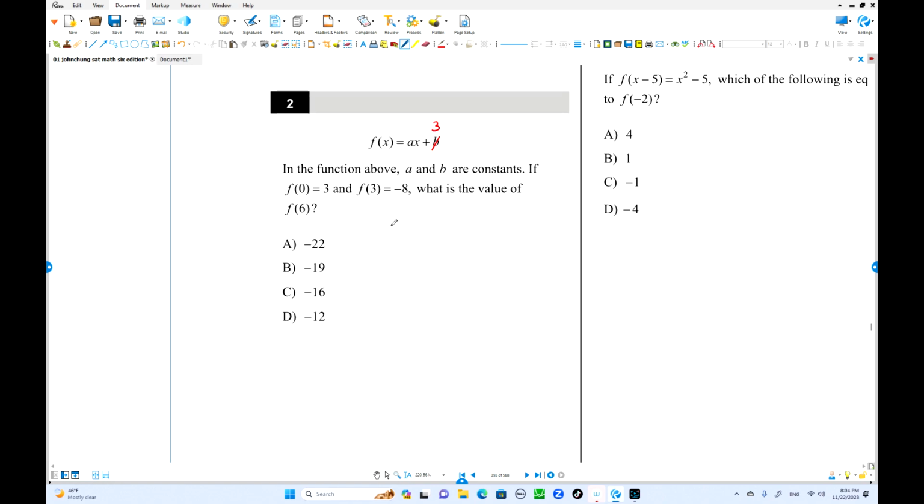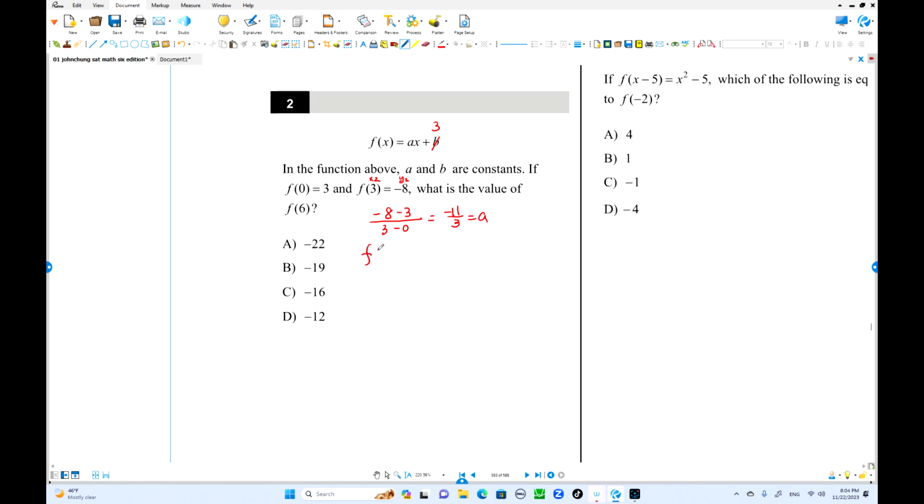Now, how can you find a? a is the slope. Slope is y2 minus y1 over x2 minus x1, okay? I'm going to take this as y2, so negative 8 minus y1, which is 3, over x2, which is 3, minus 0. So negative 11 over 3 is the value of a.